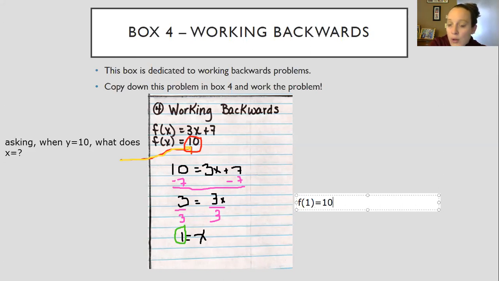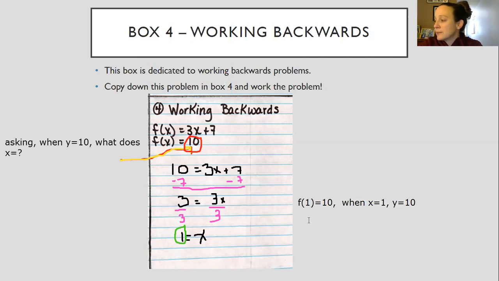That's what this whole thing means. So when x equals 1, y equals 10, and you get a coordinate point (1, 10). If we were to graph this, (1, 10) would be on our graph.